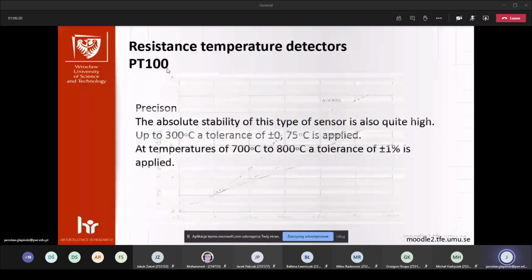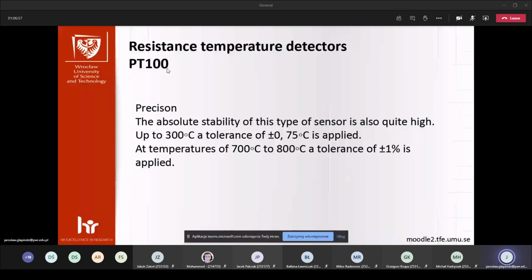Okay, so precision. The absolute stability of this type of sensor is also quite high. So if we use a platinum sensor, the stability and the precision are very high. For example, at 300 Celsius degrees, the tolerance is 0.75 Celsius.